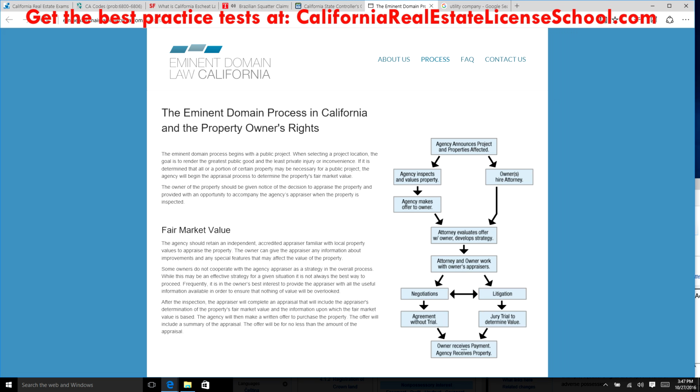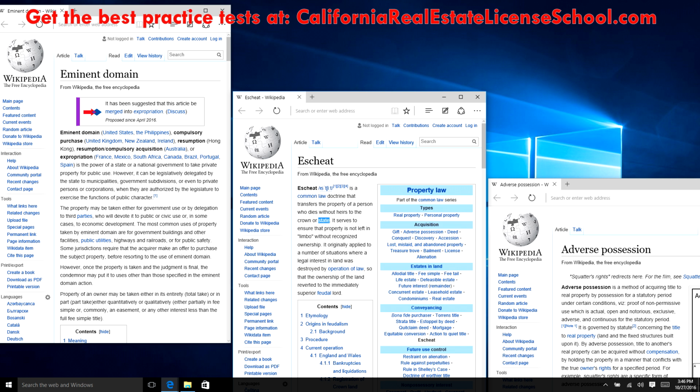So pretty much they can just show that the project is in the benefit of the public, and is for the greatest public good and the least private injury or inconvenience for one private party. So based on that law, you will lose your property, you will get some money for it, and they take over your property, and you don't own that property anymore. So that's eminent domain. Now let's move on to escheat.